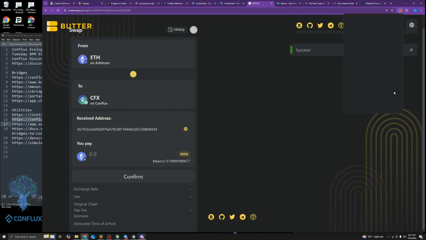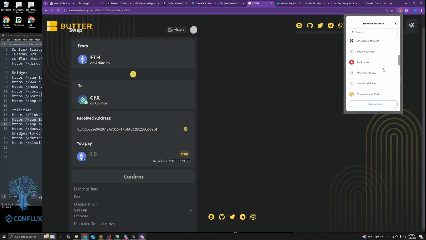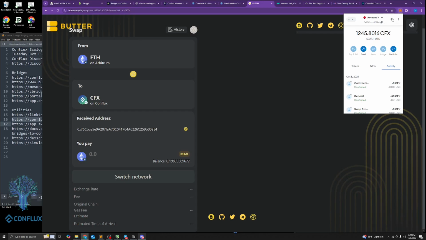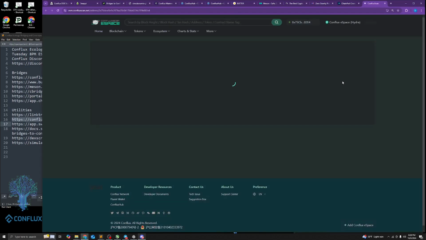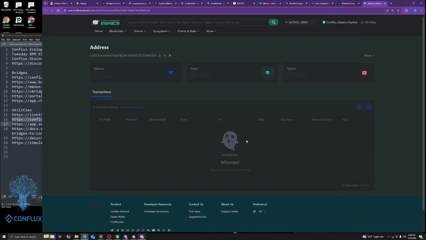Now, what I can do is open my MetaMask, switch it to, okay, so Arbiscan's good. Let's go to Conflux. And I don't remember how much I had before. But again, if I go to the Explorer, 15 minutes ago. Okay, so still waiting on this one on the Conflux side.